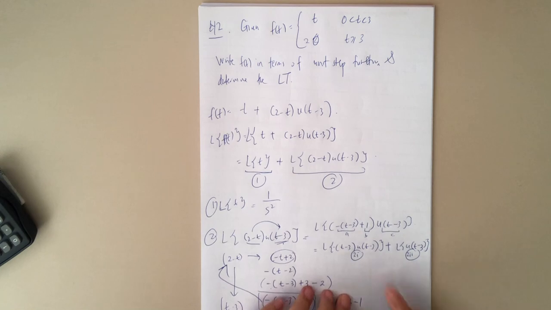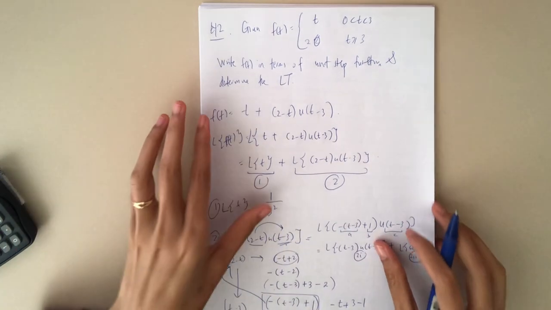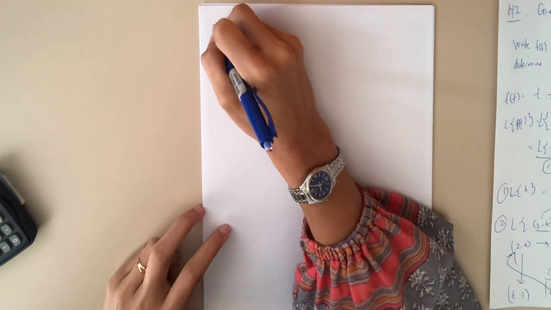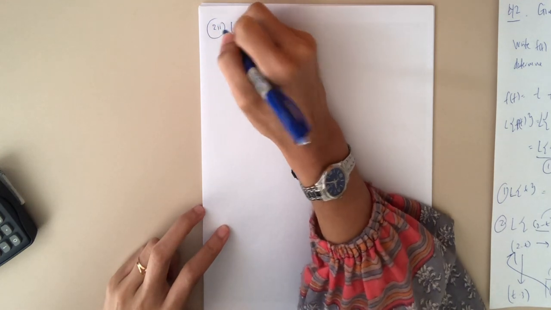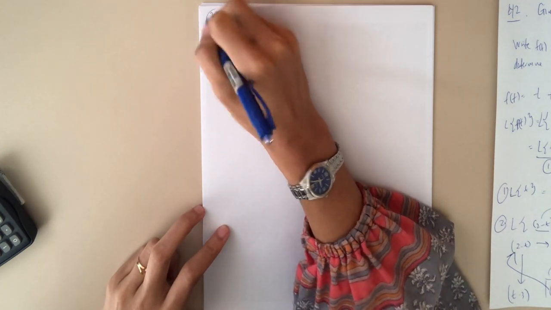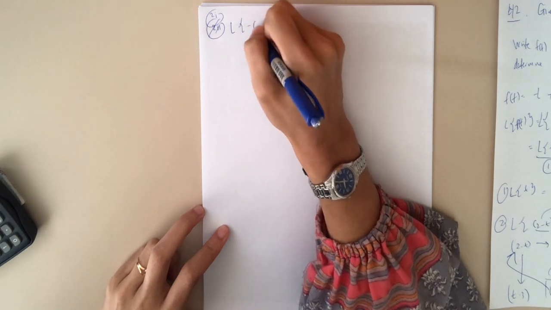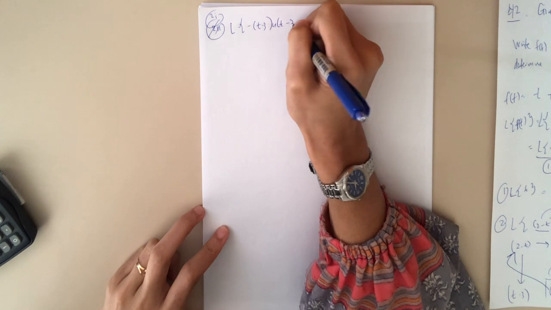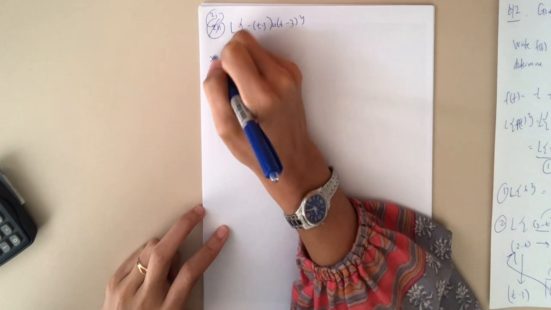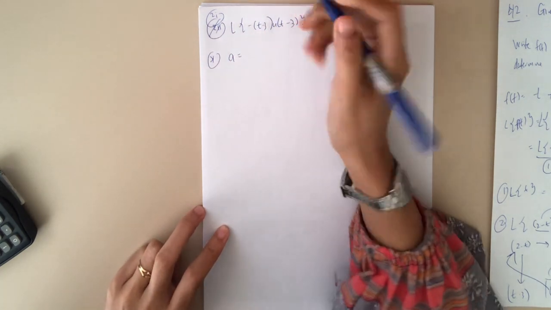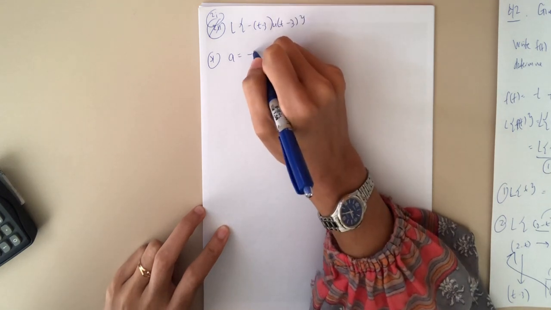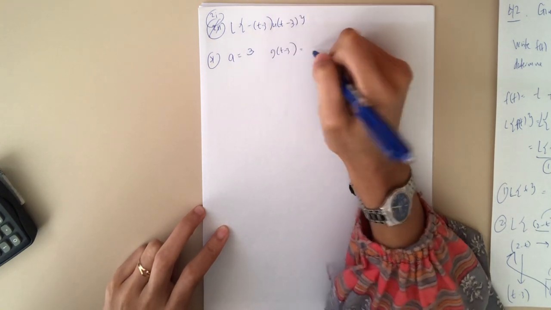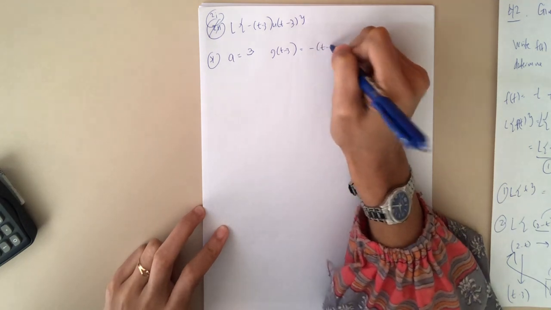So solve this one. I think I need to write on another paper. For the first Roman numeral, the Laplace transform of negative (t minus 3) u(t minus 3). The first step is to identify your A. Your A here is 3. What is your f? It is negative (t minus 3).